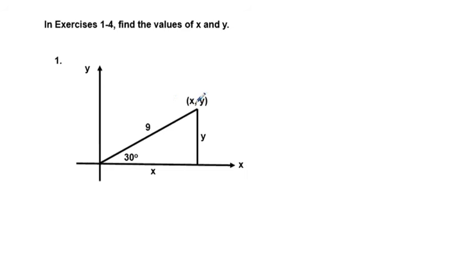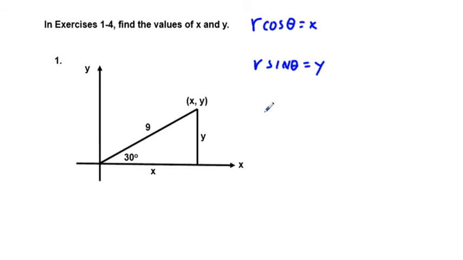In exercises 1 through 4, find the values of x and y. Well, the equations we need that are going to be most helpful for this are these. R cosine theta equals x, and R sine theta equals y.